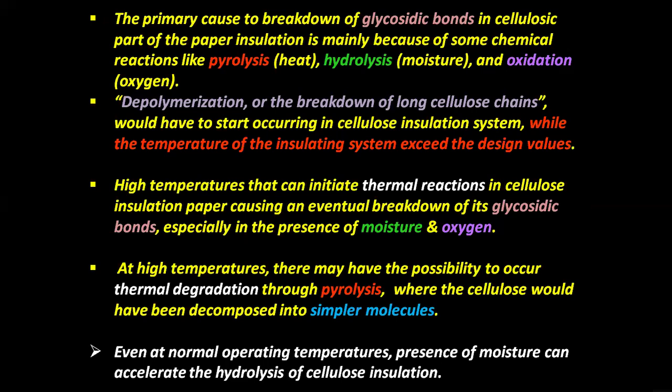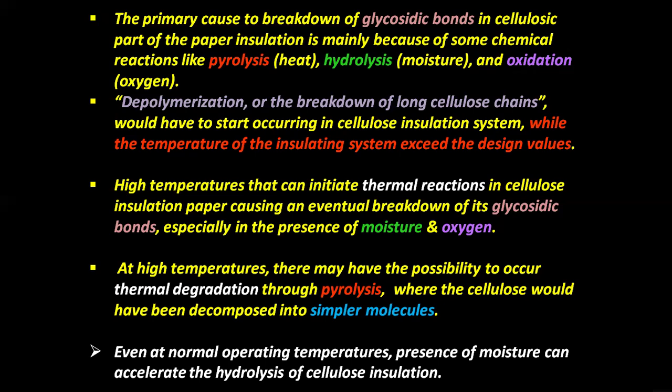Again, I repeat, the primary cause of the breakdown of glycosidic bonds in the cellulosic part of the paper insulation is mainly chemical reactions like pyrolysis at elevated temperatures, hydrolysis in the presence of moisture, and oxidation in the presence of oxygen.